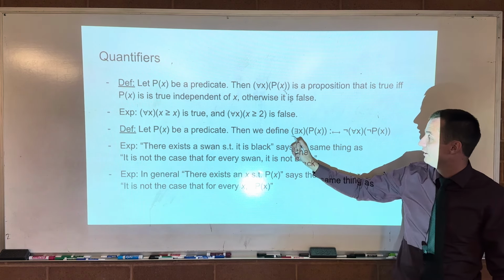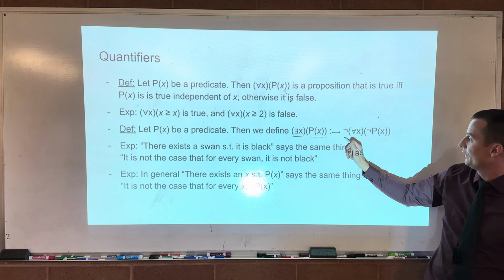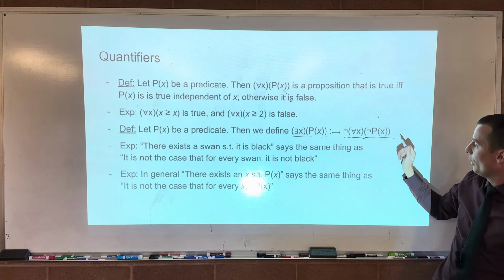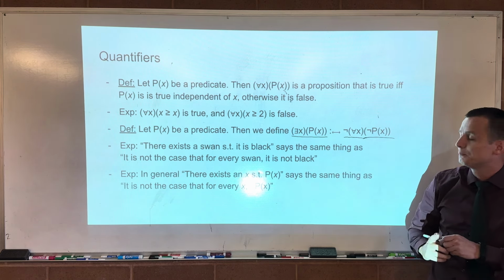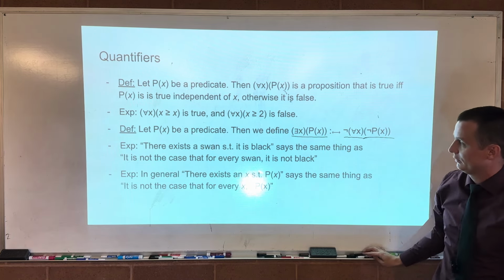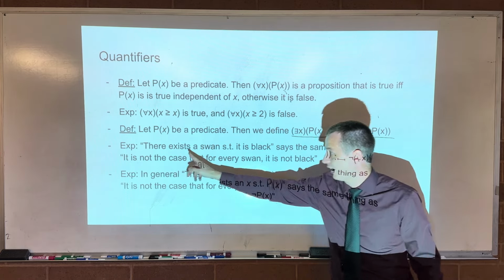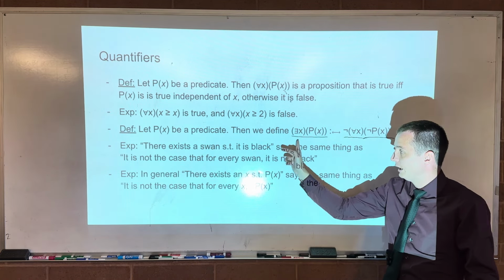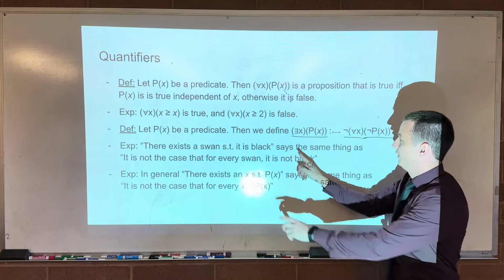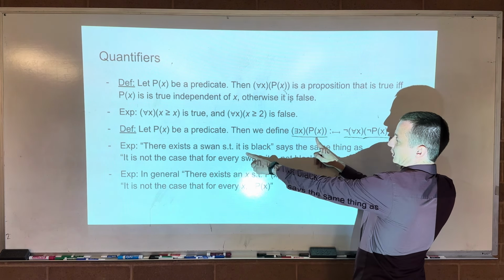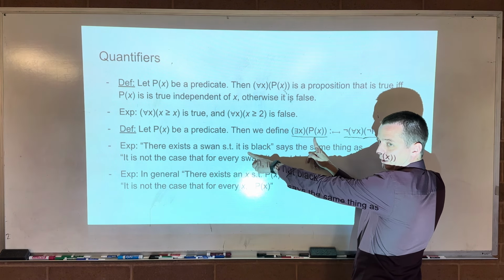What do we mean by there exists an x such that P of x? We mean it is not the case that for all x, we don't have P of x. Let's put that in English so that you can see this both ways. There exists a swan. We're pretending that our domain now is swans. There exists a swan such that it is black. So P is the black predicate.